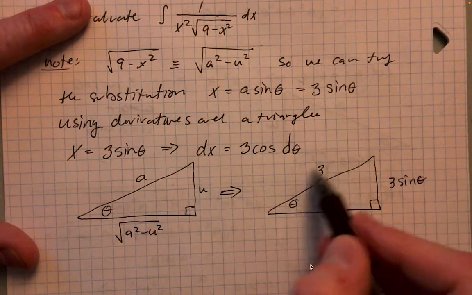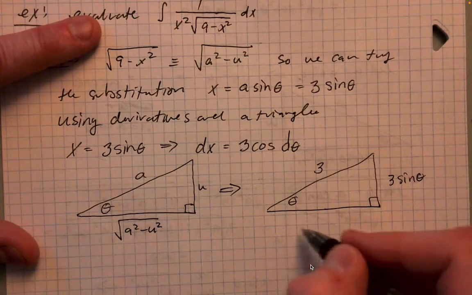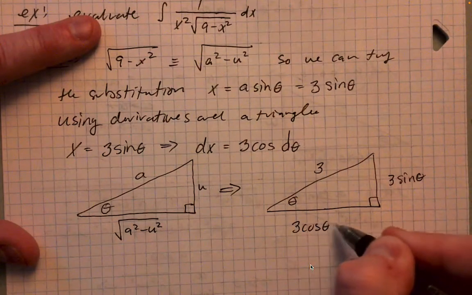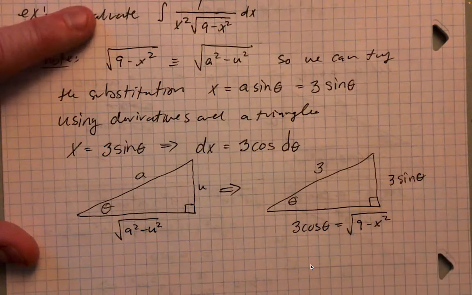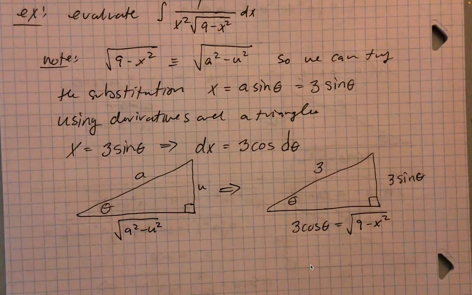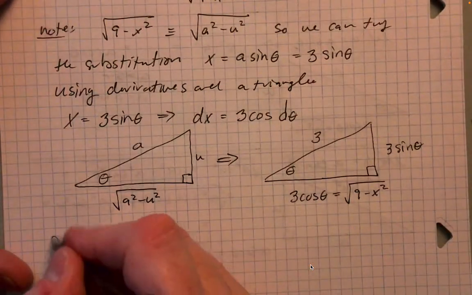So our a is 3, u is 3 sine theta, and this is 3 cos theta, which is equal to the square root of 9 minus x squared. Okay? All right, so we've got a lot of substitutions here. Let's see what we can do with our integral.